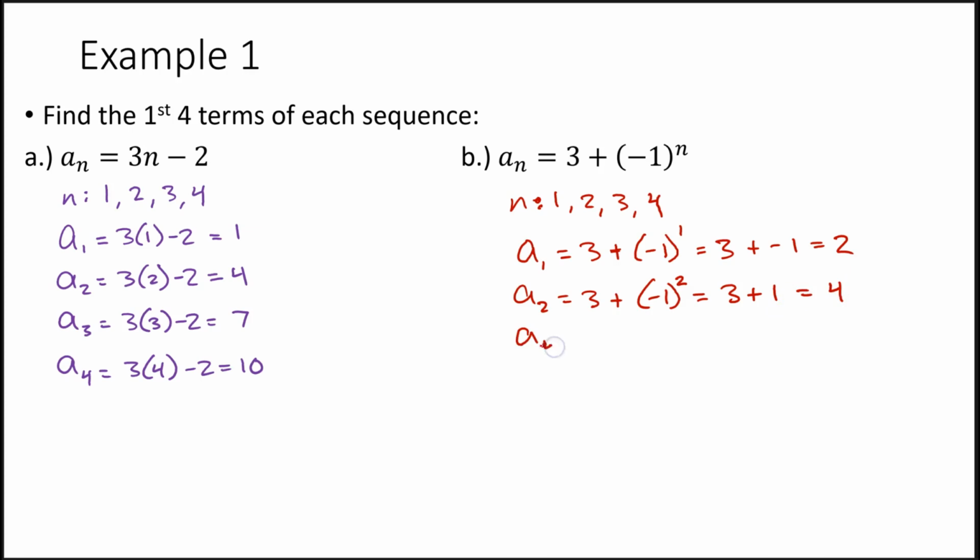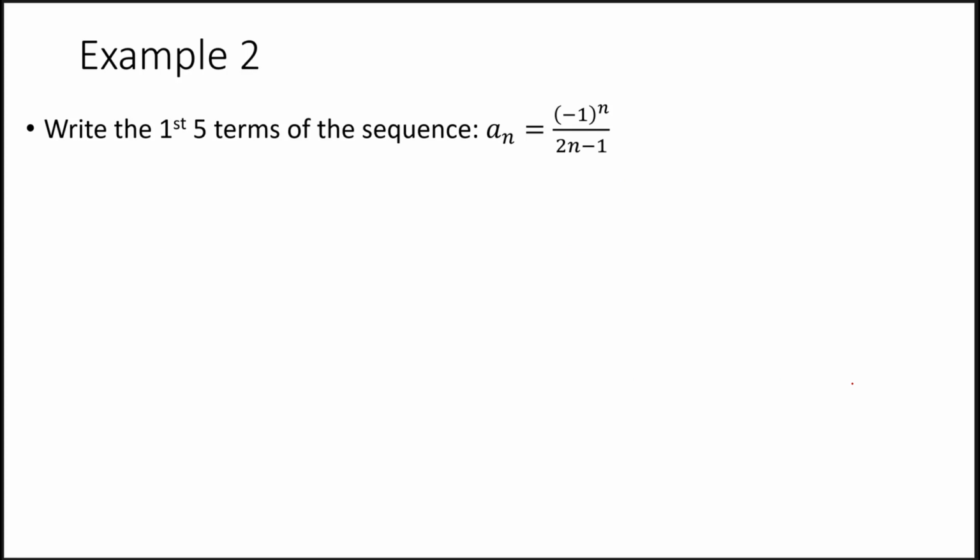A sub 3, my third term, 3 plus negative 1 cubed would be 3 plus negative 1, down to 2 again. And a sub 4, 3 plus negative 1 to the fourth would be 3 plus 1, or 4 again. So this one actually oscillates back and forth between 4 and 2. Alright.